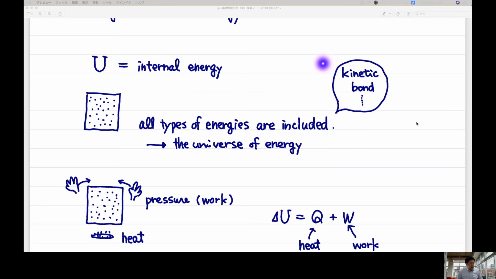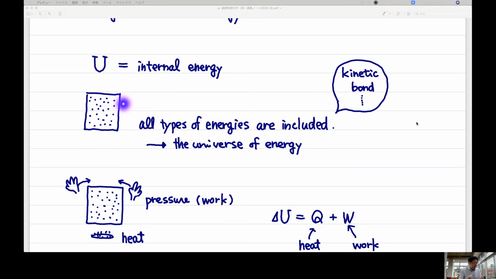The kinetic energy, bond energy, and other types of energy, all energy is included in the internal energy of the system. This is the box. Within the box, there are many molecules. All molecules are moving, having kinetic energy, and all molecules have bonds.